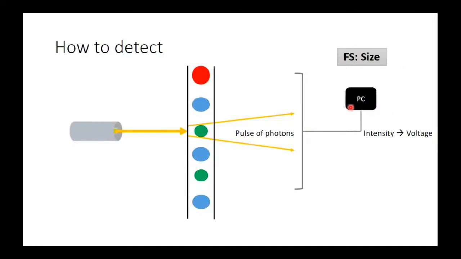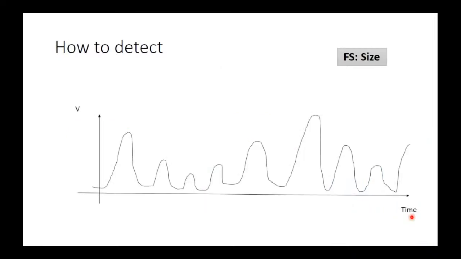The PC will give me data similar to this. Every time a cell passes through the laser beam, I will get a specific peak: a high voltage peak for large cells and a low voltage peak for small cells. The forward scattered light data at the end will be similar to this: time versus voltage, and the peak will be proportional to the size of the cell. This is forward scattered light.